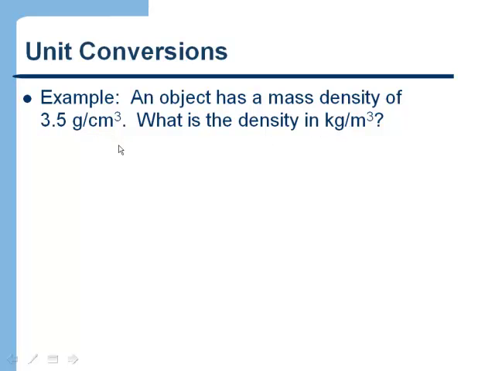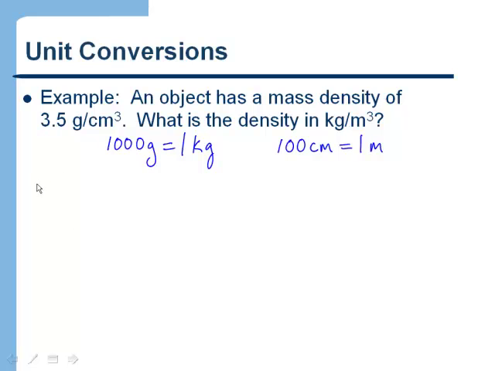So in other words, I know that there are 1,000 grams in 1 kilogram because kilo means 1,000. Also, I know that centi means 100th. In other words, there are 100 centimeters in 1 meter. So those are the 2 conversion factors that I need to do the problem.